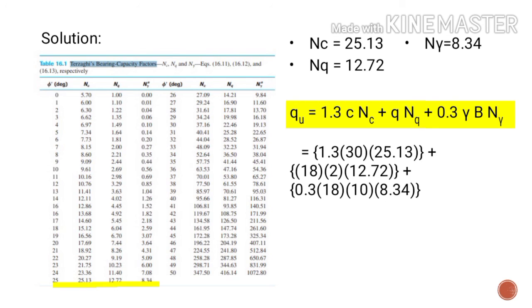By substituting the values, you get 1888.35 kilonewton per square meter.